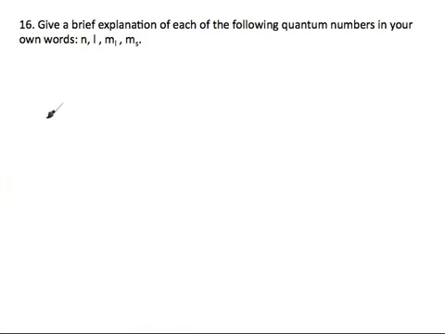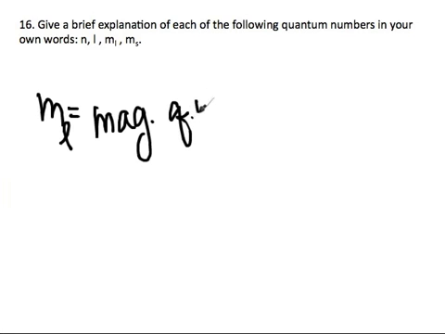Now the next quantum number is called the magnetic quantum number, and we give it m sub l. This number gives the orientation of the orbital. So for example, we have n equals 1, so l equals 0.